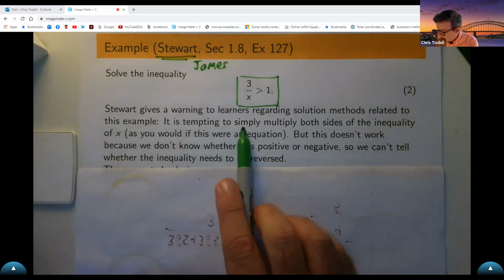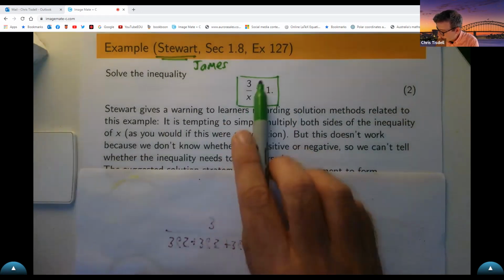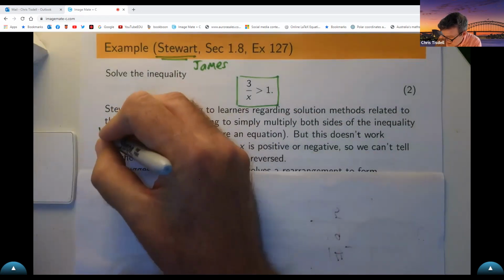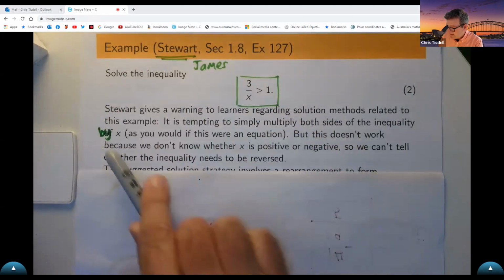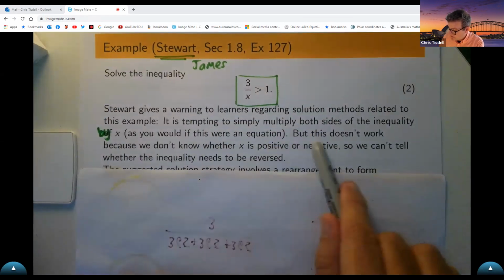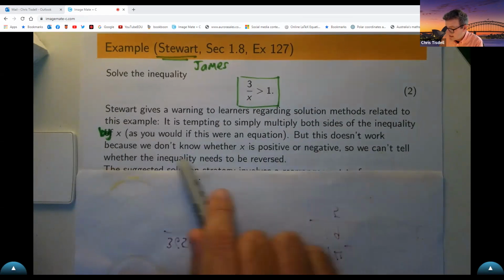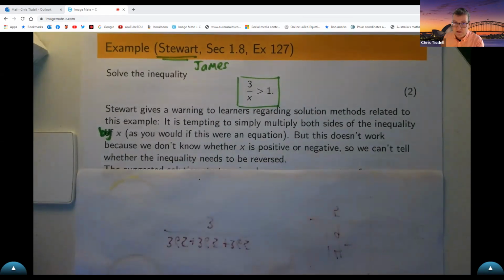It is tempting to simply multiply both sides of the inequality by x. Okay, that should be a by x. As if this was an equation, but this doesn't work because we don't know whether x is positive or negative. So we can't tell whether the inequality needs to be reversed. Now, you can probably tell what I'm going to do, right?